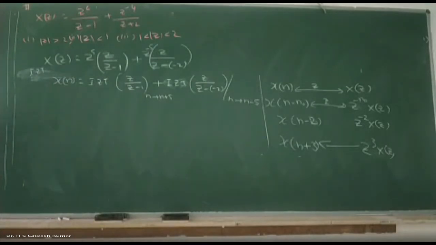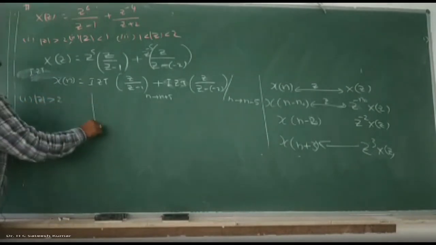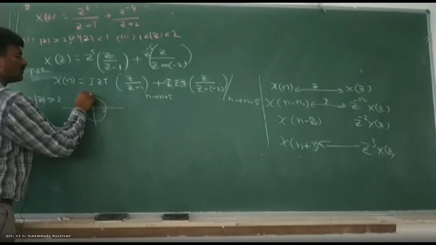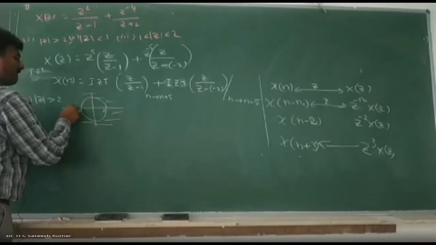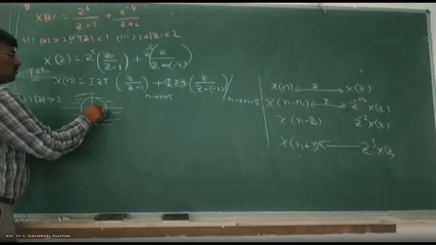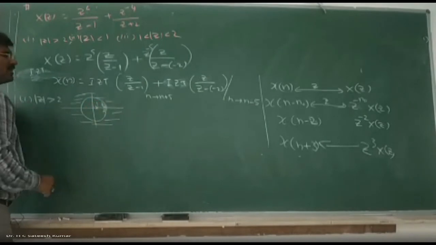The first one, mod Z is greater than 2. Where are the poles? Poles are at 1 and 2. Both of them are right-handed sequences.